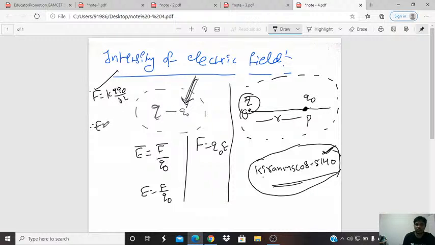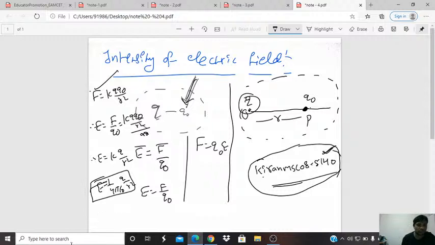So electric field equals F by q naught, which is k q q naught by r square by q naught. So q naught cancels. E equals k into q by r square, that is 1 by 4 pi epsilon naught into q by r square. This is the electric field due to a point charge.